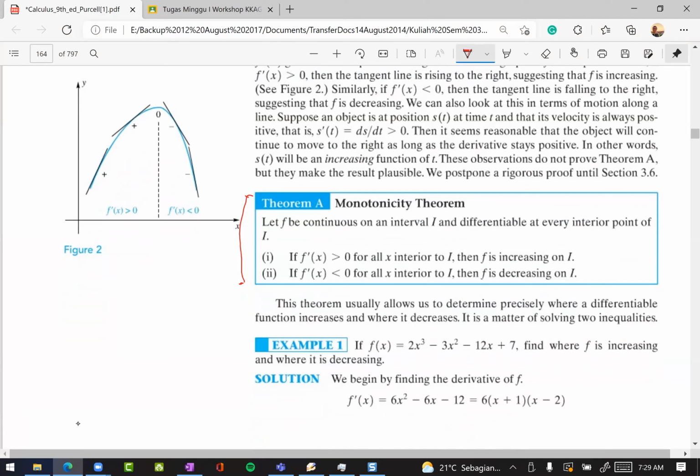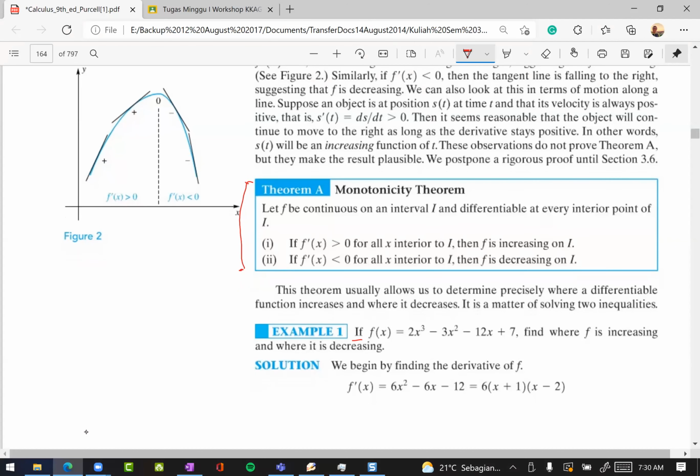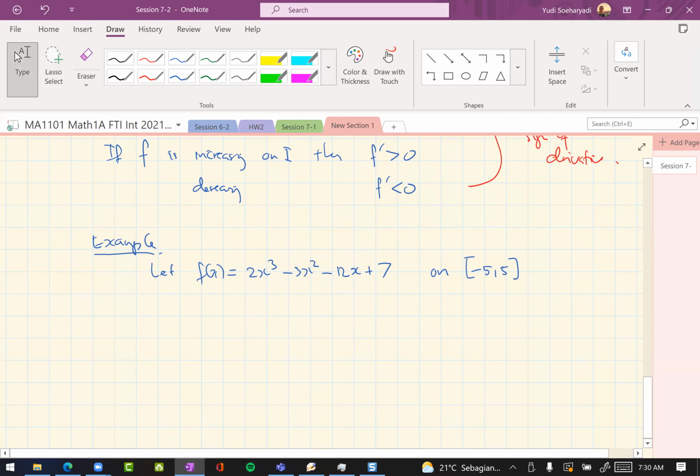So we find the critical points. The function is given as 2x cubed minus 3x squared minus 12x plus 7, on the interval from negative 5 to 5. Find all critical points.